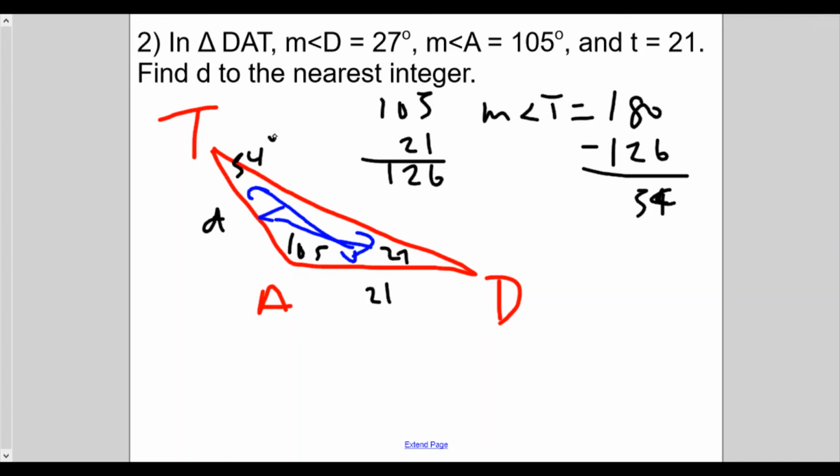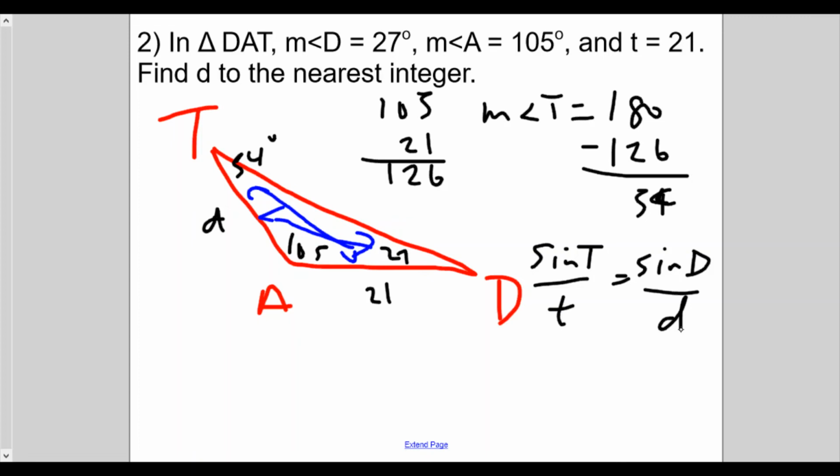Now we'll be using angle T as well as angle D. So our proportion will be the sine of T over t equals the sine of D over d. Now we fill in our information.